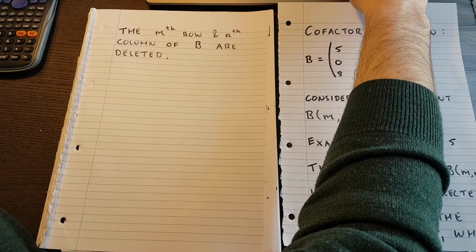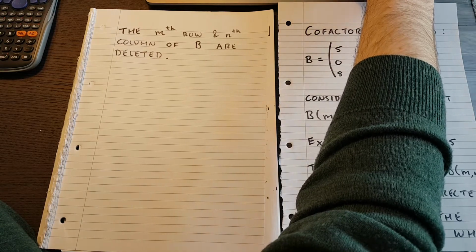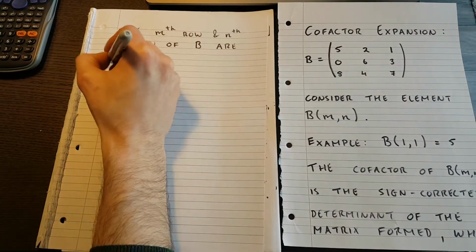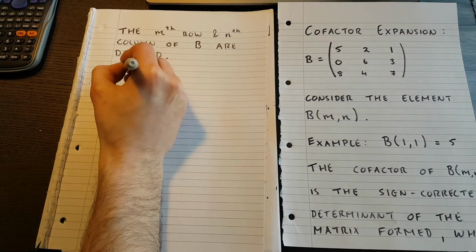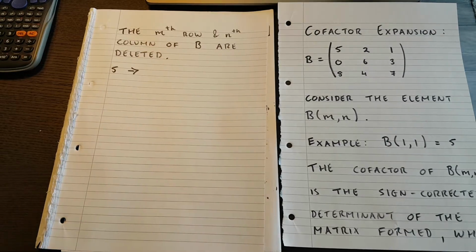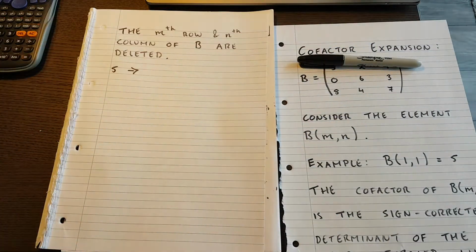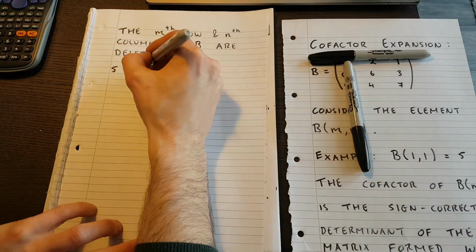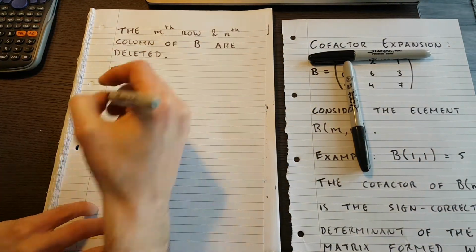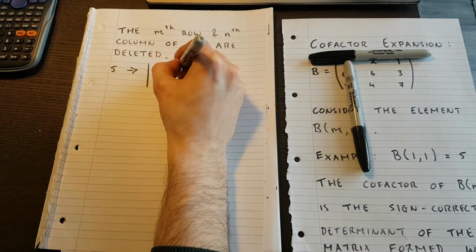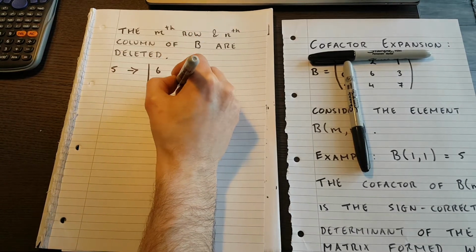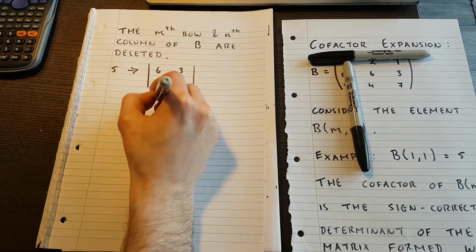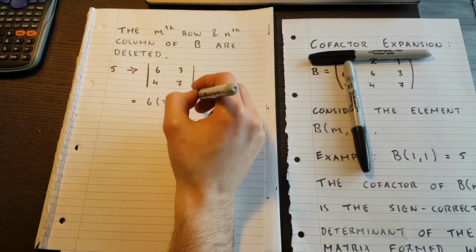Well, the cofactor is, like I said, a reasonably straightforward thing. I need to look at this 5 here. It's my first row, first column. I'm going to delete my first row and my first column, and we see that I have a matrix, and I want the determinant of 6, 3, 4, and 7, which is what? That's 6 times 7 minus 4 times 3.